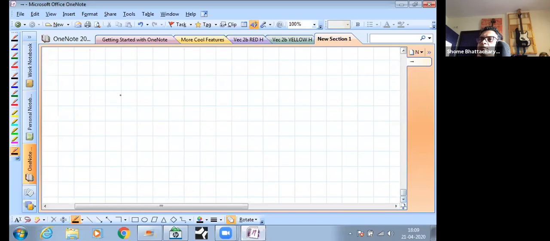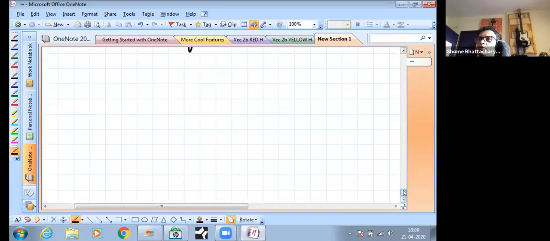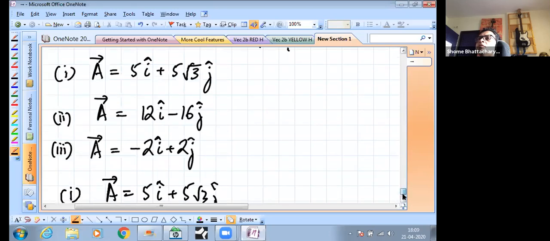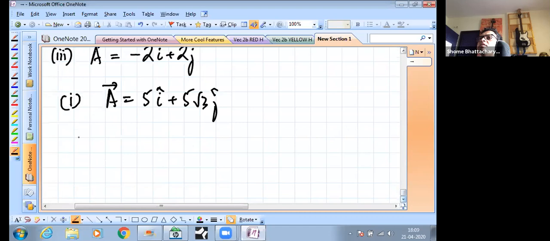Okay, so the answers I'm getting by and large are correct now, but for the benefit of everybody, I'll just quickly work this out. So the first part, I've taken the vector E as 5 i cap plus 5 root 3 j cap. So you can see that the X component, which you can also think as the magnitude into cos theta, is equal to plus 5.